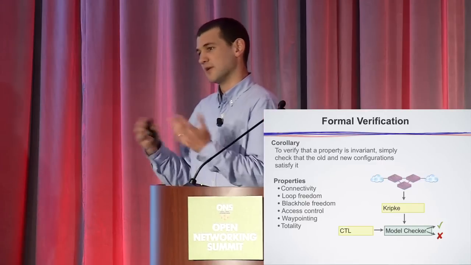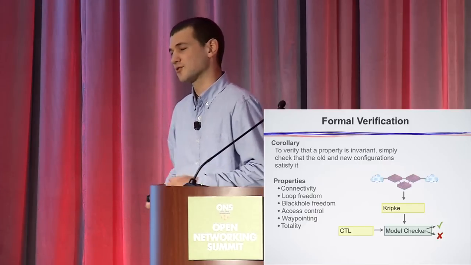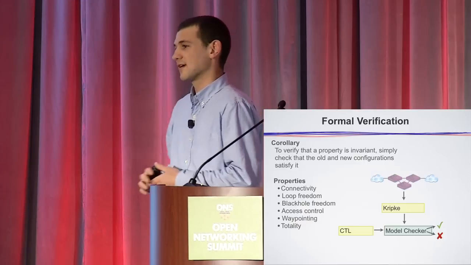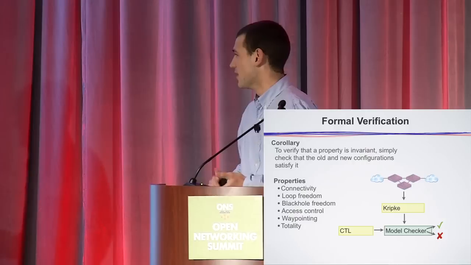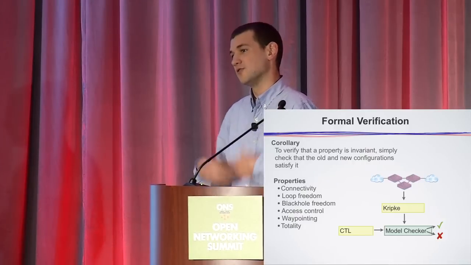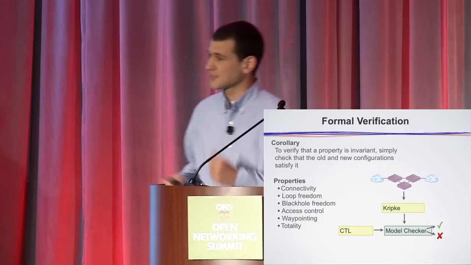It basically builds a simple, what's called a Kripke structure out of a topology and a network configuration. And then you can feed into this model checking tool formulas that capture common properties like connectivity or loop freedom or black hole freedom or access control or waypointing. And you can check mechanically that these properties hold. So this is quite a nice way to bring some assurance to software-defined networking programs that involve updates.